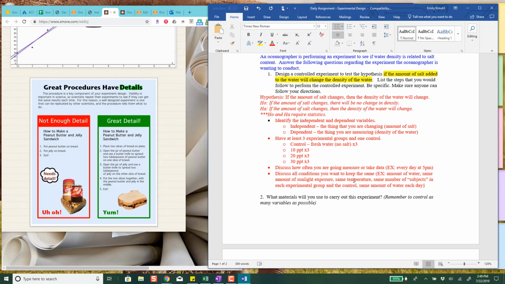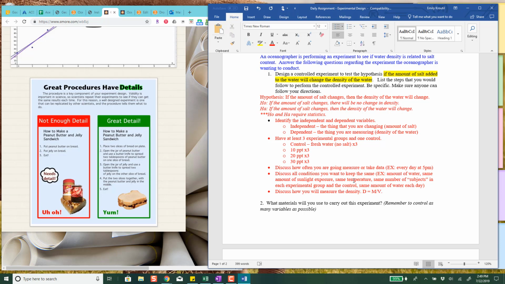Okay. And then you want to discuss, for this one especially, how you're going to measure the density. Now the density formula is density is mass divided by volume.